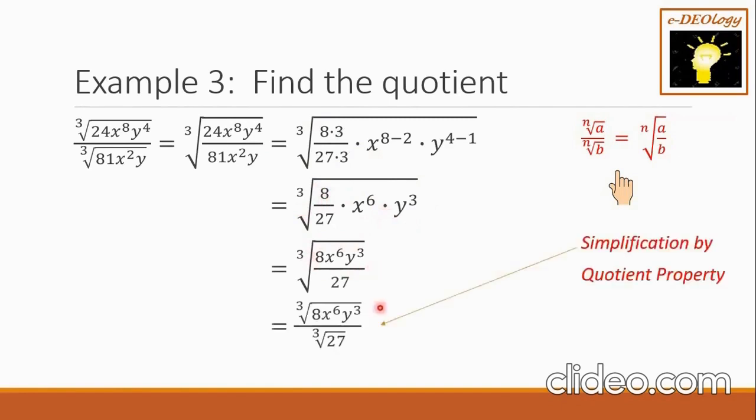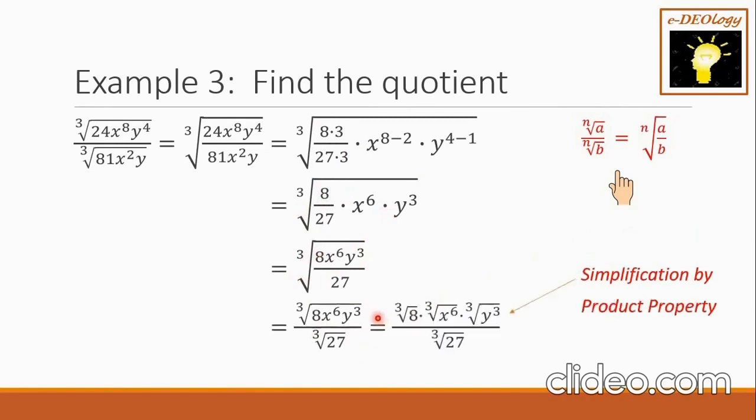The next step is we're now going to simplify by quotient property. It means we're going to distribute this radical sign, the cube root, into the numerator and in the denominator. And then we're going to use the product property to simplify by distributing the cube root to each of the factors.